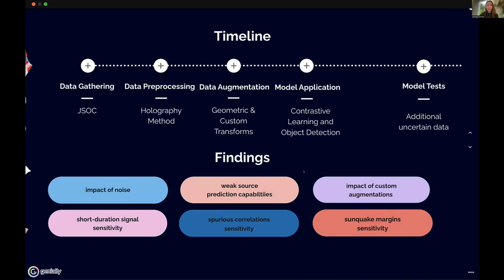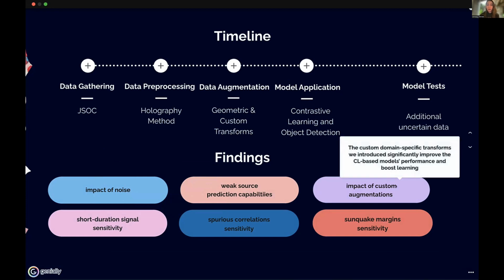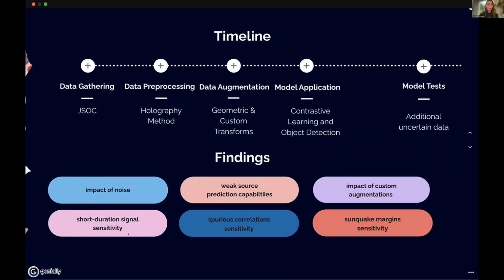Secondly, we found that these types of models are capable of predicting very, very weak sources. We found that custom augmentations, especially the time-based mixing and especially the solarized low pass, were very, very impactful on the convergence of our models. We found that the models are rather prone to predicting short duration signals.